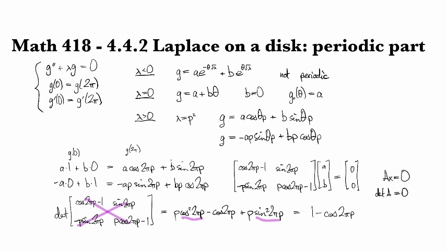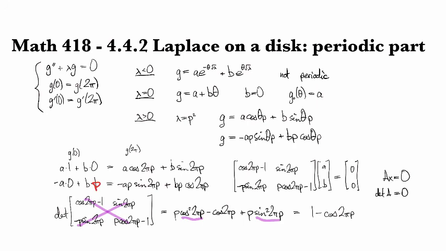Somehow I'm off by a factor. What did I do? Okay, yeah, there it is. Sorry, when I evaluated this one, that's not a 1, that's supposed to be a p right there.